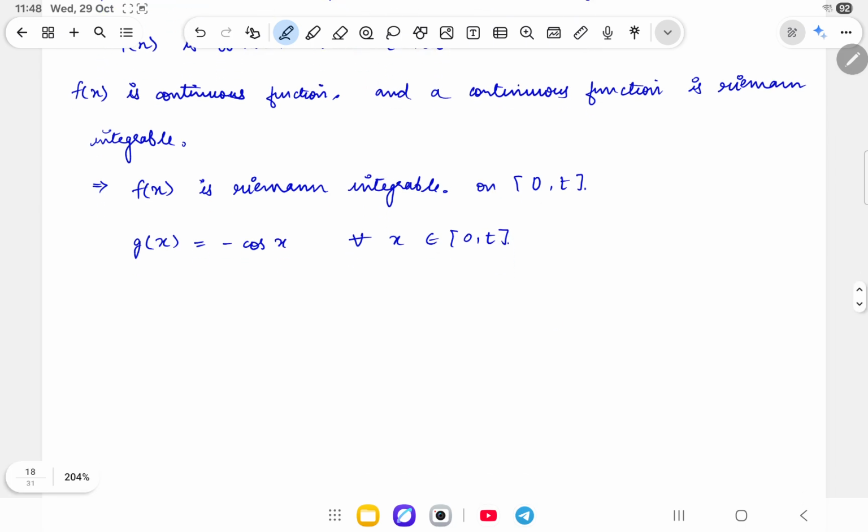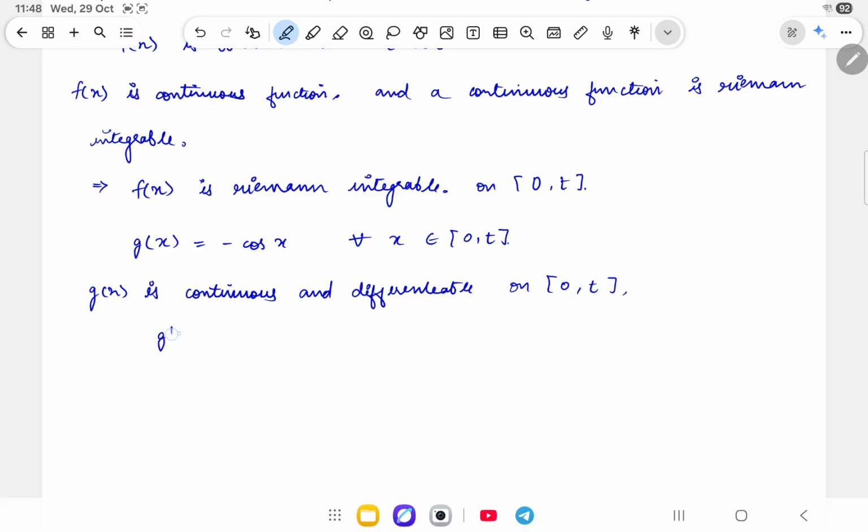If you observe, this function g(x) is continuous and differentiable on the interval 0 to t, and it also satisfies the property that the derivative of g(x) is equal to f(x), and it holds for all x in the closed interval [0, t].